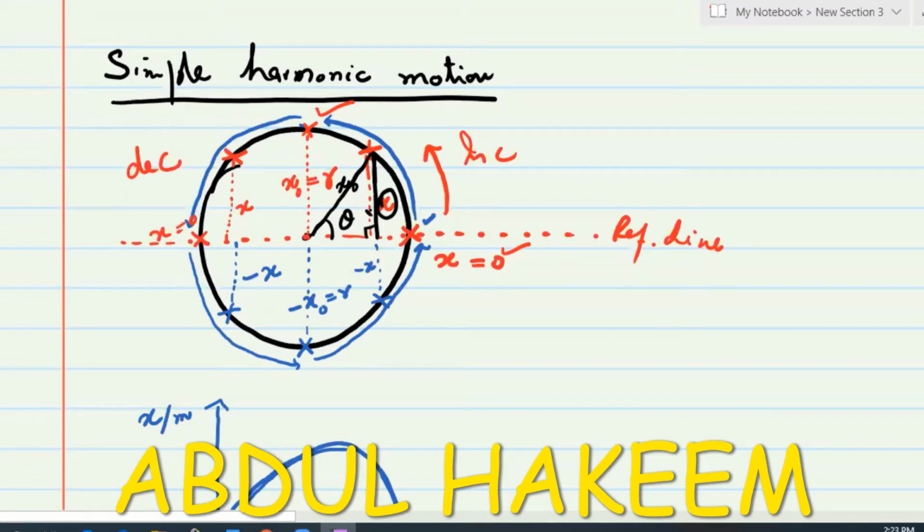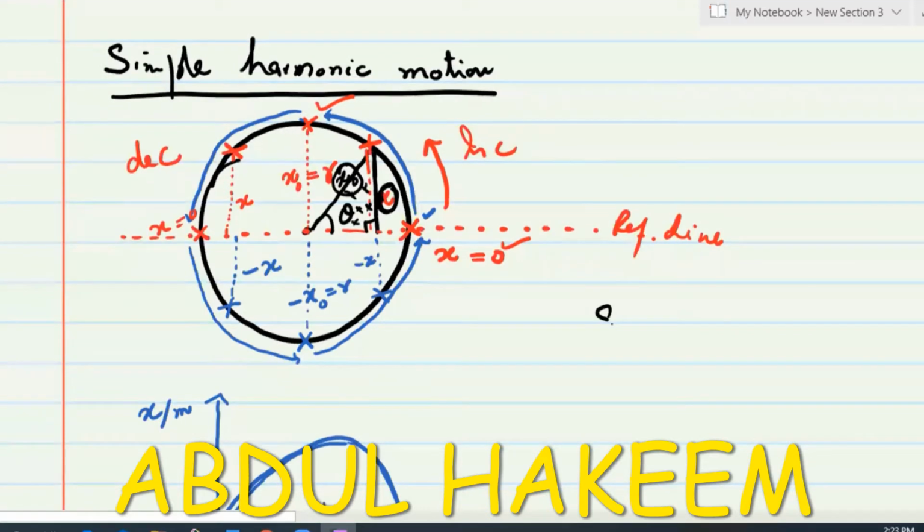So in this right angle triangle, this x is opposite to the angle, so it's the perpendicular, and this x naught radius is opposite to the 90-degree angle, so it's the hypotenuse. So we can write, sine theta is perpendicular over hypotenuse.